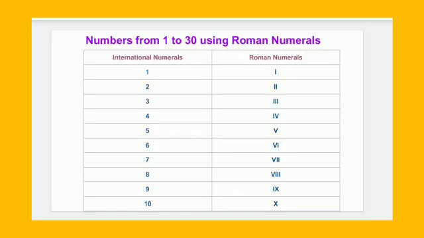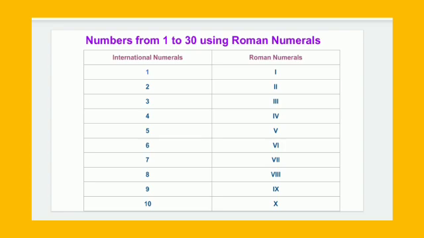Next, now we will see how to write down 1 to 30 numbers using Roman numerals. Again I have given one table. You can see two columns. The first column is for international numerals, that means normal numbers which we use in our daily life, and the second column is Roman numerals.